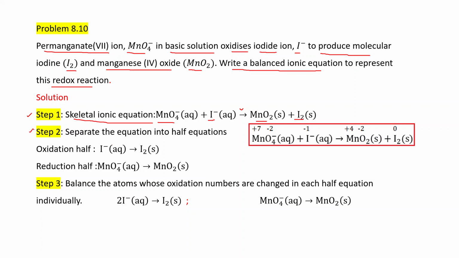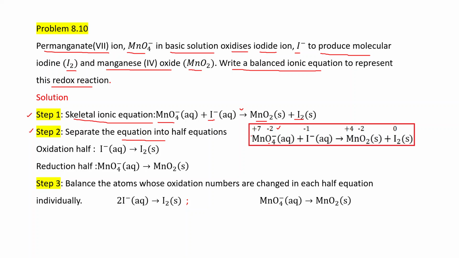Now step 2. Separate the equation into two half equations. To separate, first we have to find out the change in oxidation number, and to find out the change, first of all we assign the oxidation number for each atom. So in case of MnO4 minus, oxidation number of oxygen is -2, and again we apply the rule that in case of polyatomic ion, the sum of the oxidation numbers of all the atoms is equal to the charge on that ion.